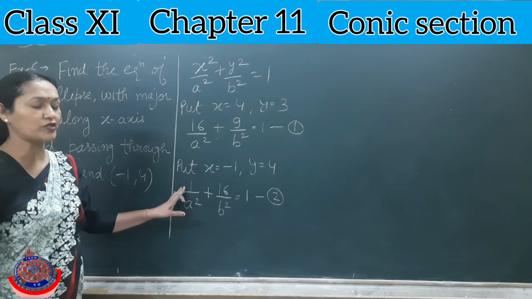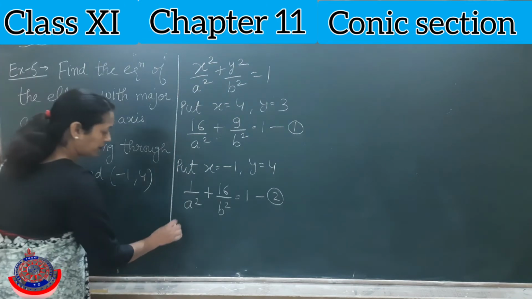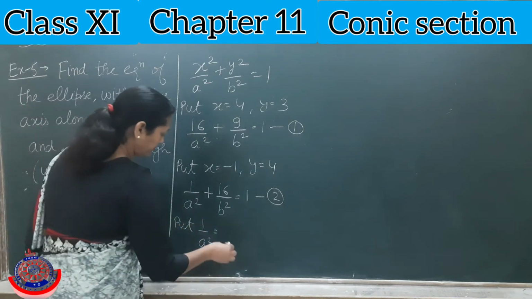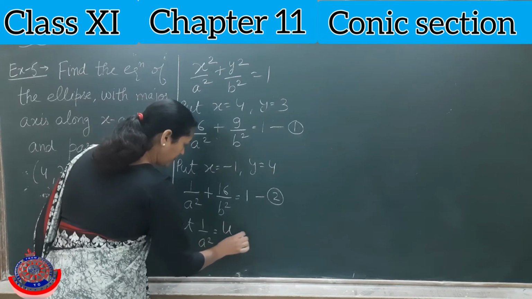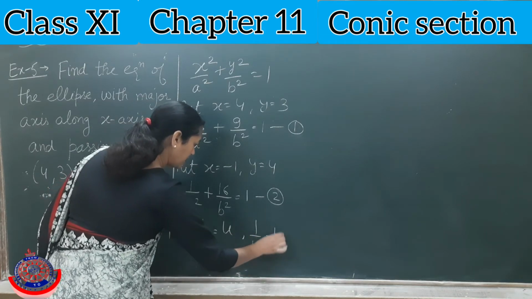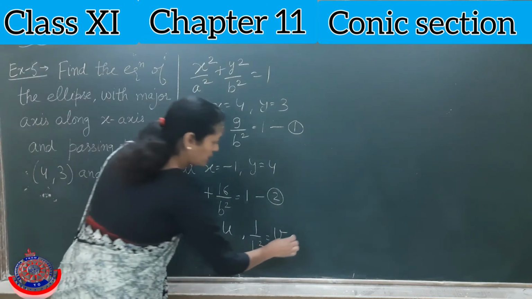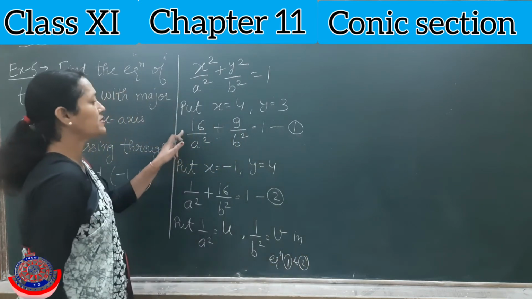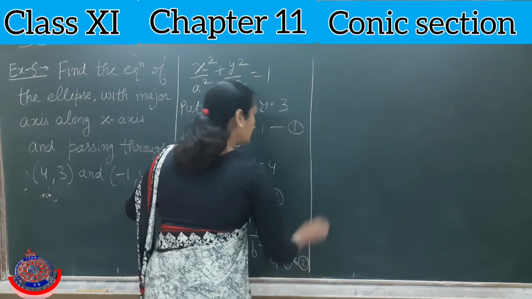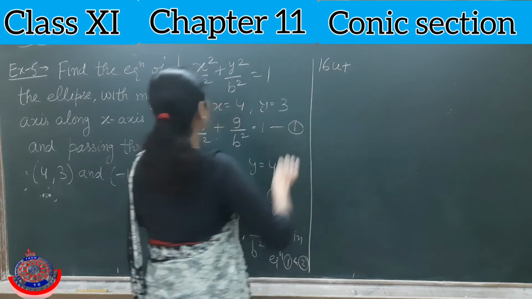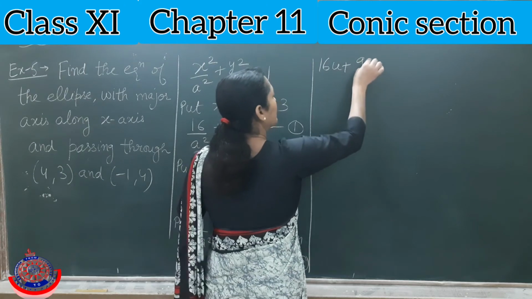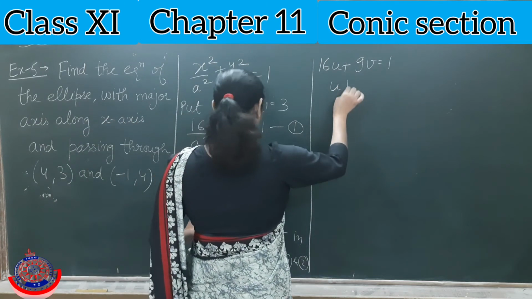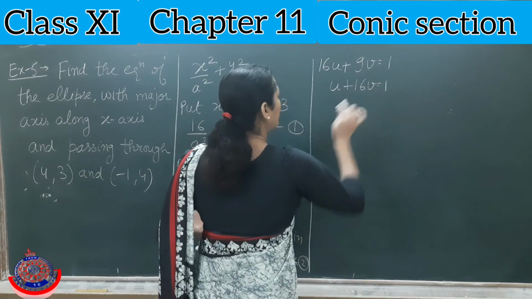Now if we solve these two equations, you can solve by the reducing method. Put 1 upon a square as u, and 1 upon b square as v in equations 1 and 2. So we'll be having 16u plus 9v is equal to 1, and from here it will be u plus 16v is equal to 1.